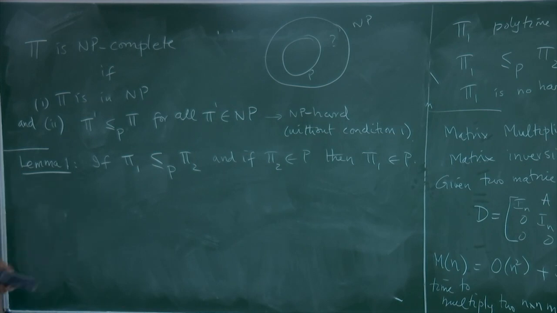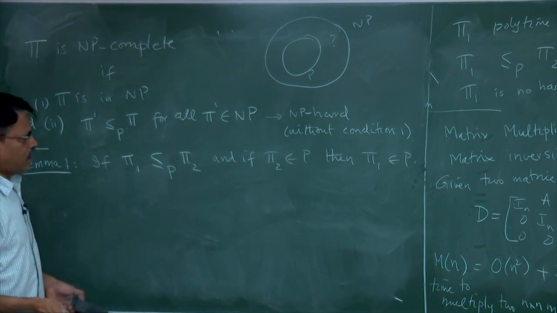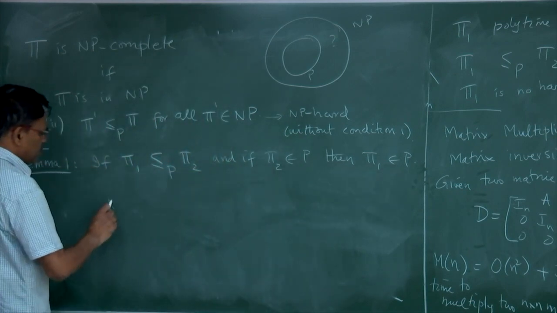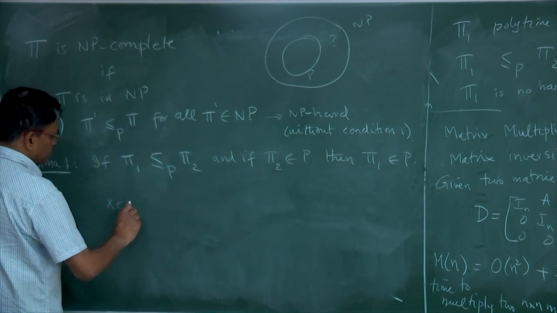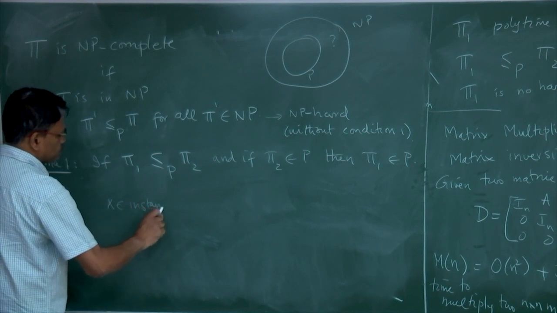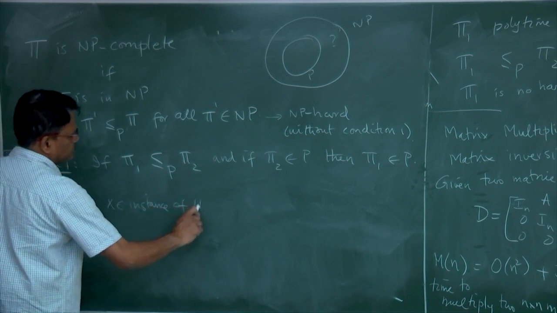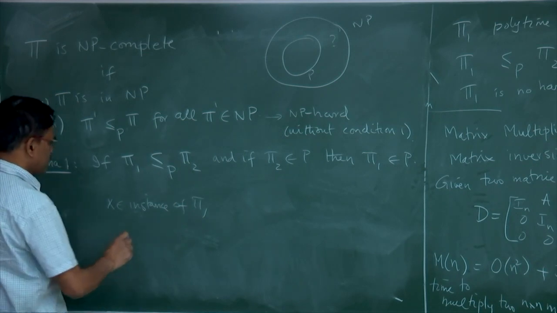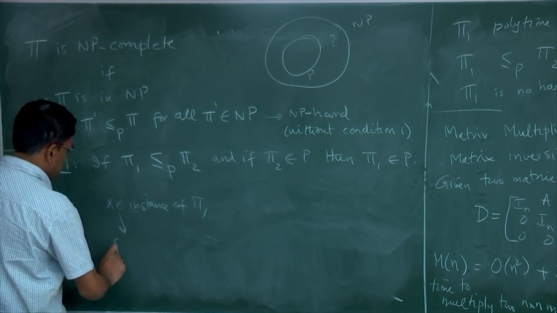So, why is this true? Because I want to show pi 1 is in P. So, you take an instance of pi 1, since pi 1 reduces to pi 2 in polynomial time, there is a function f which will convert it into an instance of pi 2.